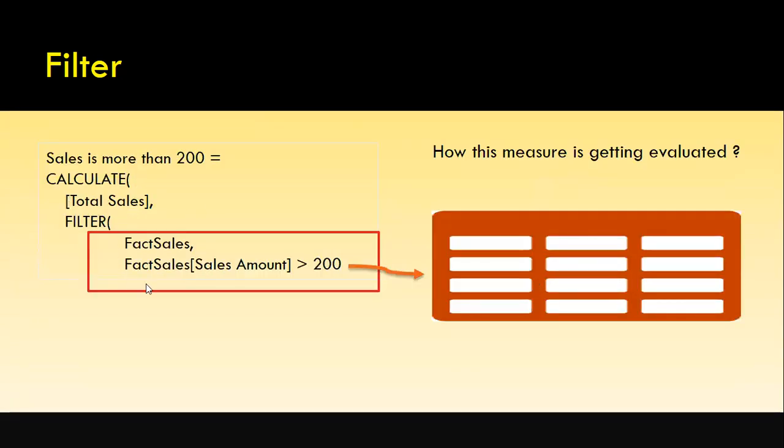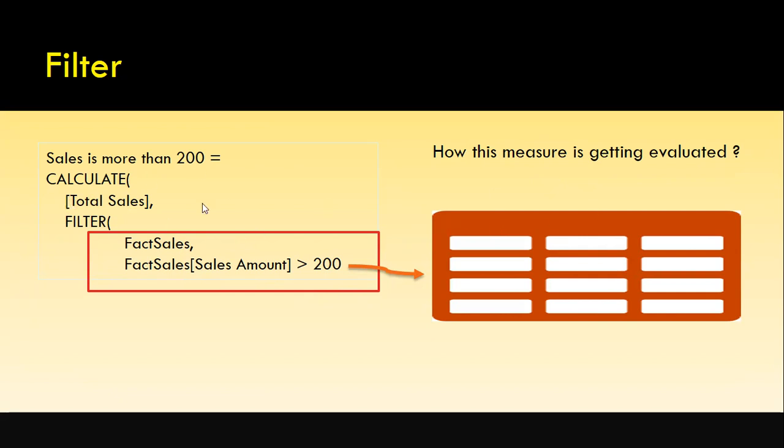For example, this is my measure. Here we are interested in finding out the total sales for the sales amount more than 200. In this case, this is the condition. First, it is applying the filter. It takes only the subset of the data matching this condition, hence the total number of records will get reduced.